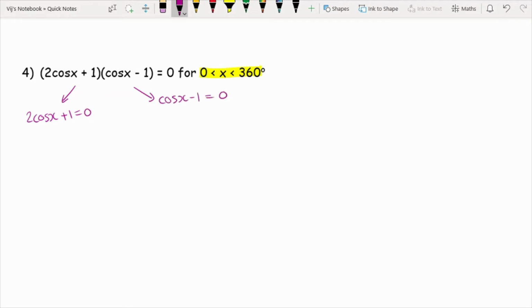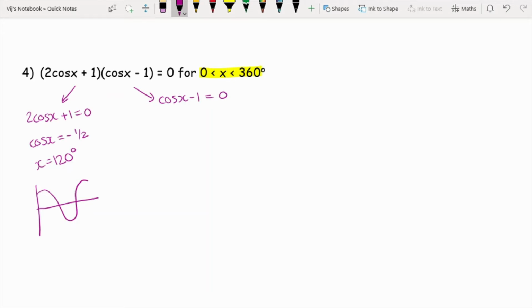Now if we were to solve this particular side here to start off with, we end up with cos x equals minus a half, and if I do the inverse value of this, I get my first angle as being 120. So from this, if I just do a quick sketch, which looks something like this.